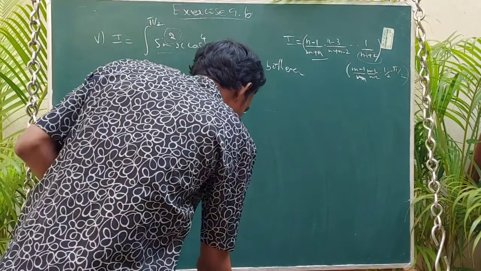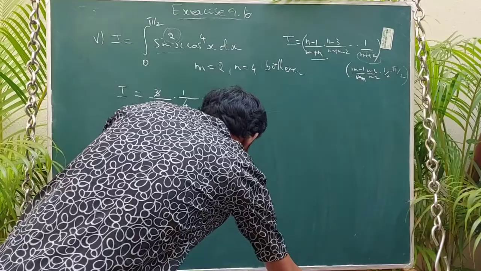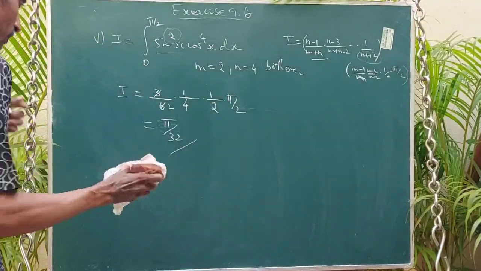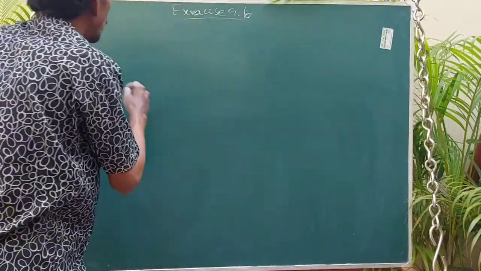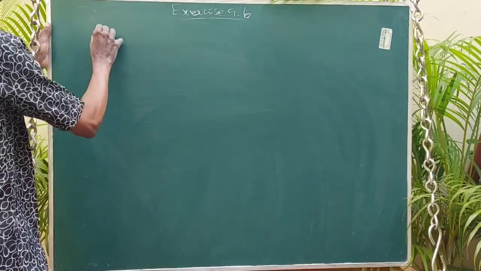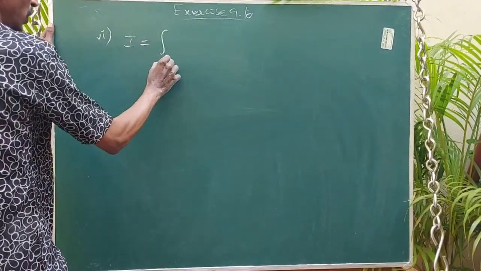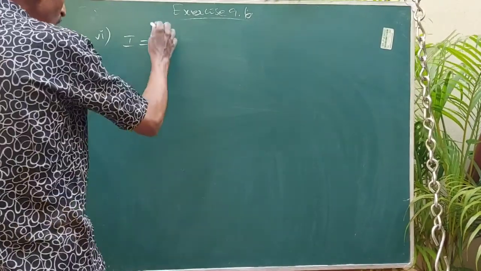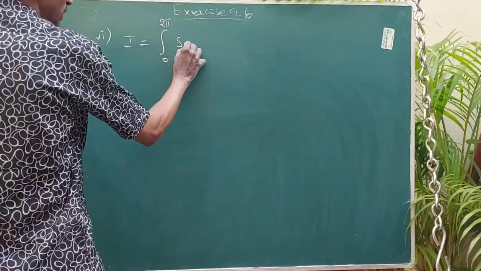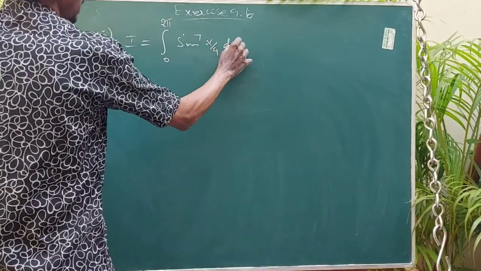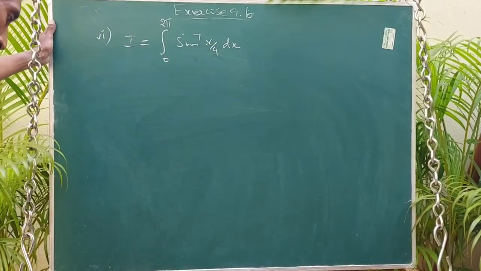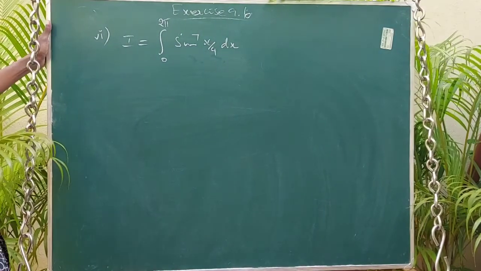And subdivision 6, okay. So subdivision 6, the question is, wait a minute student, integral I equal to integral 0 to 2 pi sin power 7 x by 4 dx. It is similar to the third and fourth subdivisions.